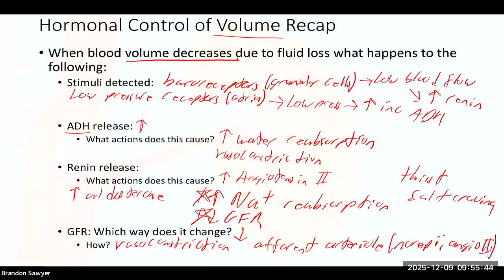One would be decrease hydrostatic pressure into the glomerulus. Two would be make the glomerulus less permeable, and that's also what we do. We also, I'm just going to put it right here, contract those mesangial cells. That's an effect of angiotensin 2 as well.